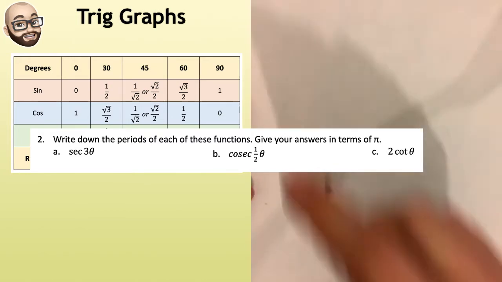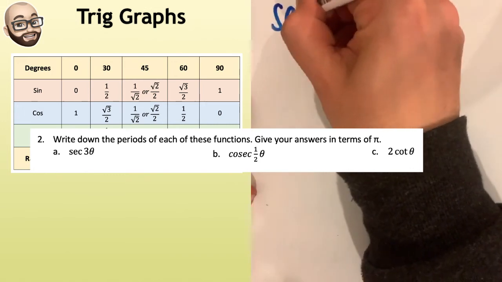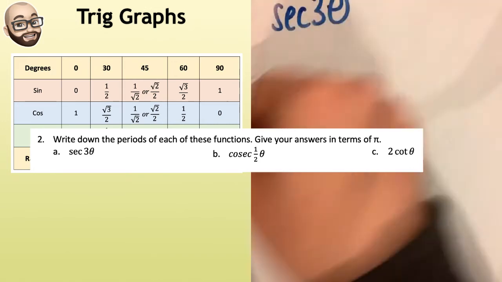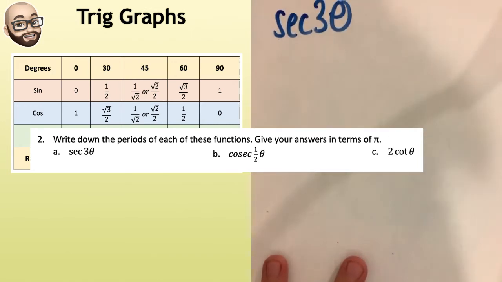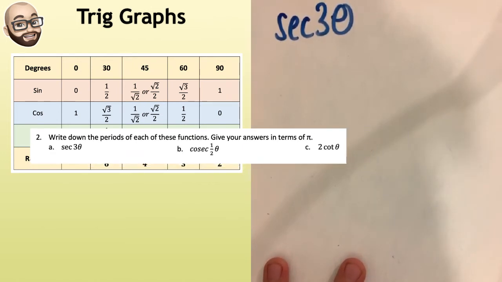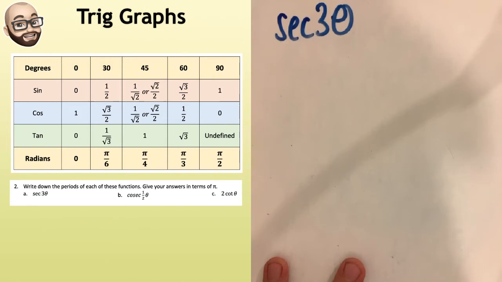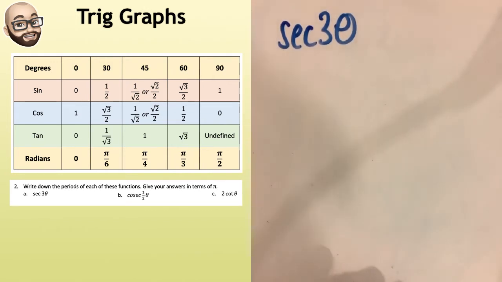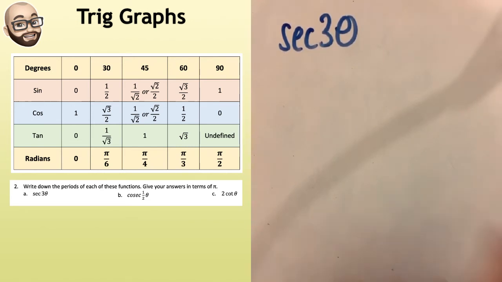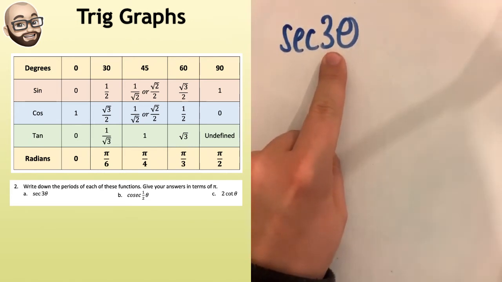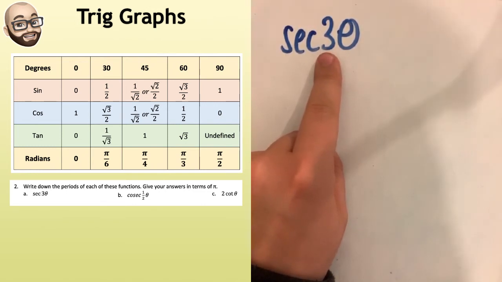So the first one says sec of 3 theta. Okay, we need to write down the period of what that is. Well, the sec graph is just like the cos graph. The cos graph has a period of 2 pi. And 3 theta means this graph is happening 3 times quicker.